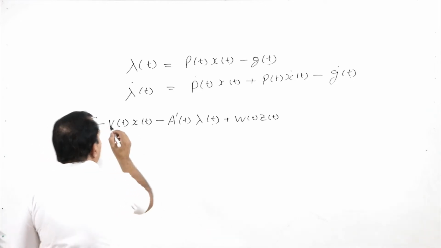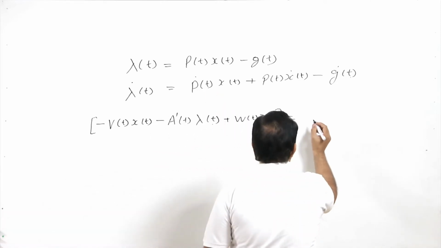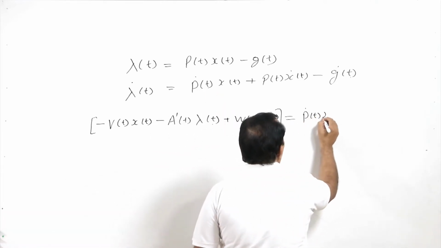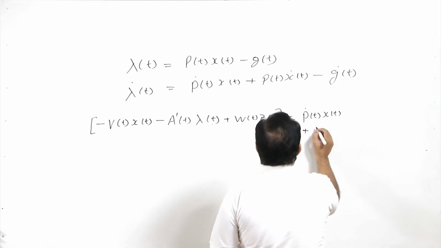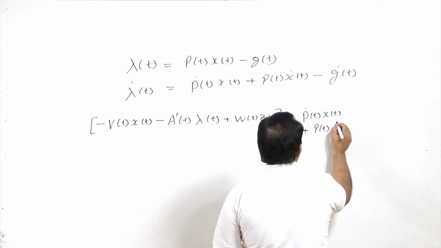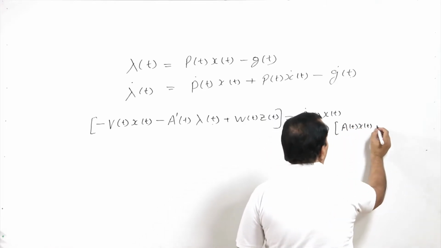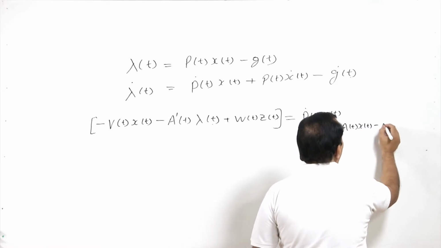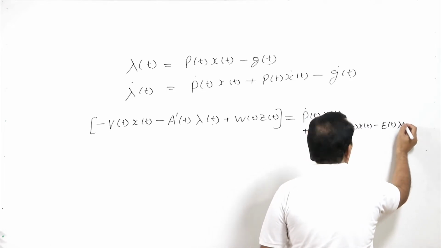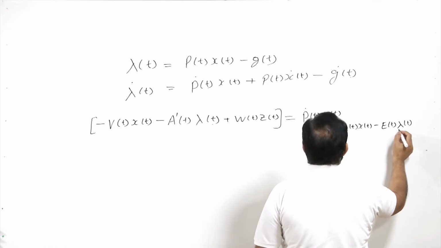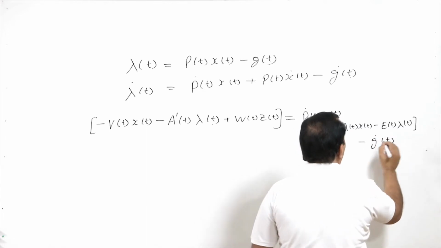So, this is my left hand side, while in the right hand side what we have is P dot t x t, I write it the same, plus P t, in place of x dot t, A t x t minus E t lambda t, minus G dot of t.